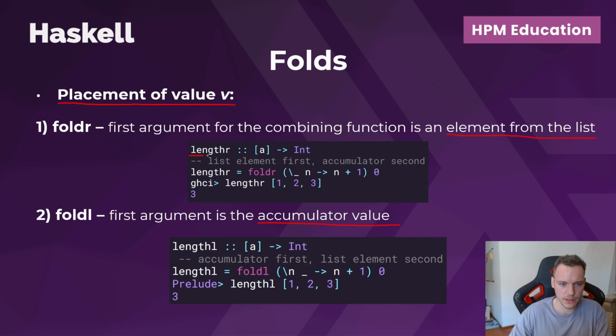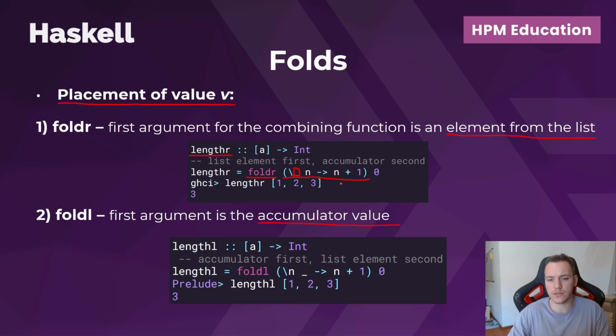So I'll call this length r. And how we can do it is if we use foldr and then we give it the combining function. And our combining function is, with foldr, the list element first. And for this function, we just want to ignore the list element.